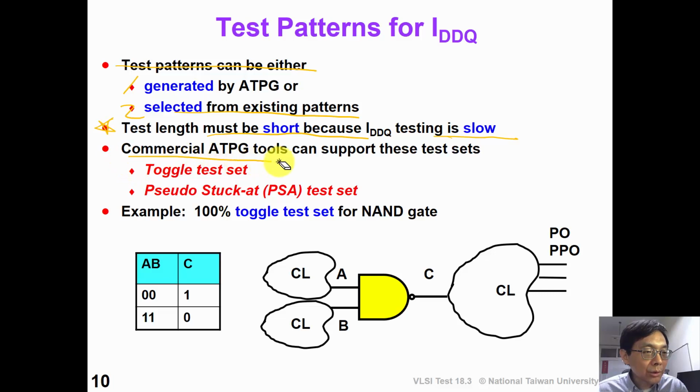Most commercial ATPG tools support this test set, toggle test set or pseudo stuck-at test set. For example, suppose this NAND gate is our gate under test. We can apply 0011 to have 100% toggle coverage for this NAND gate.